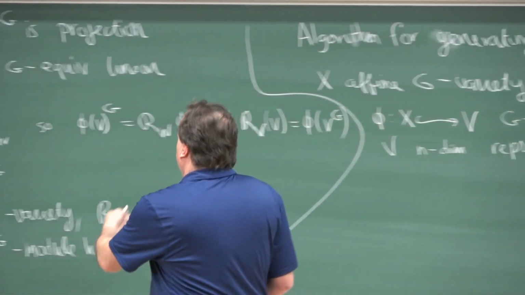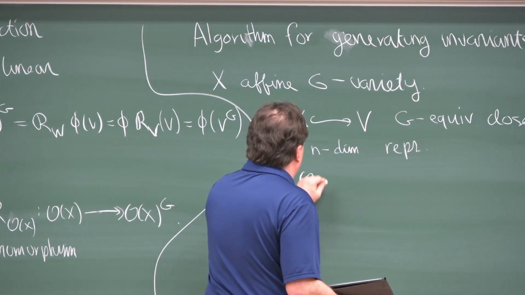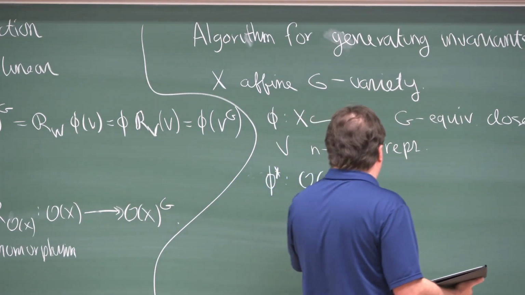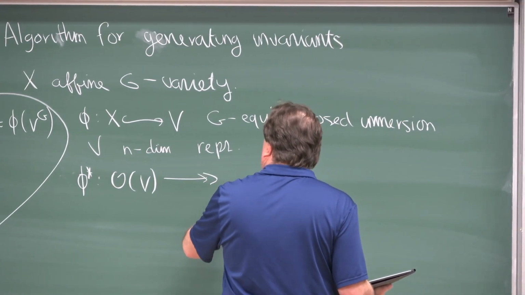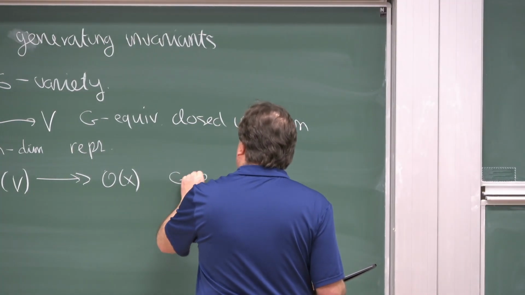From this, on the level of algebras, we have a G-equivariant surjective K-algebra homomorphism.